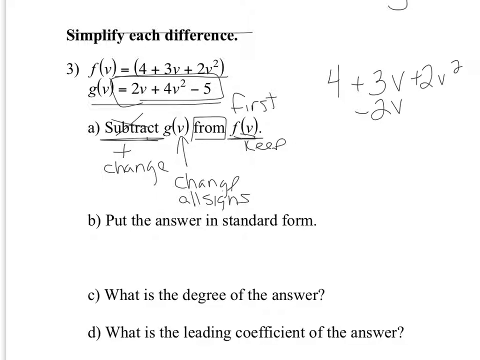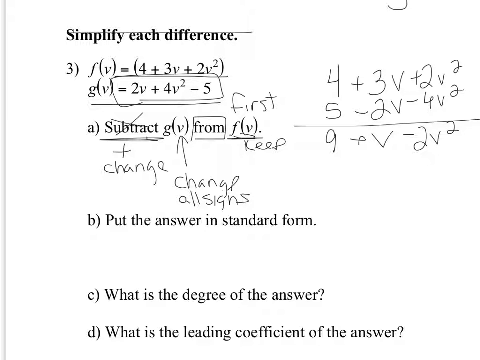And I'm just going to put it under its like term. Positive 4v squared, negative 4v squared, negative 5 becomes a positive 5. Simply combine your like terms. 9 plus v, or 1v, and then negative 2v squared. Okay, that's subtract gv from fv.